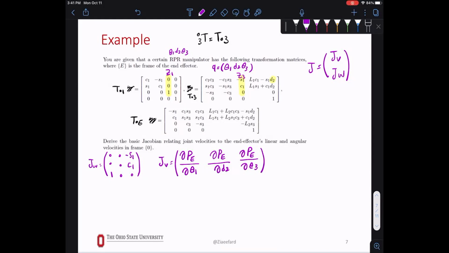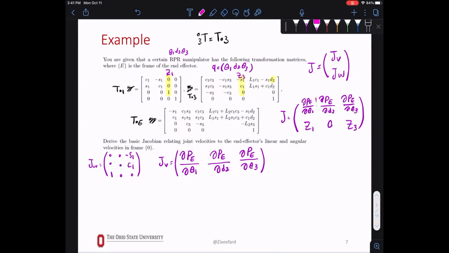Okay, so your J, what is your J? Partial of PE. I'm going to write this. You can follow this equation whenever you are dealing with these problems. And then Z1, Z2, and this one was 0, this one was your Z3.